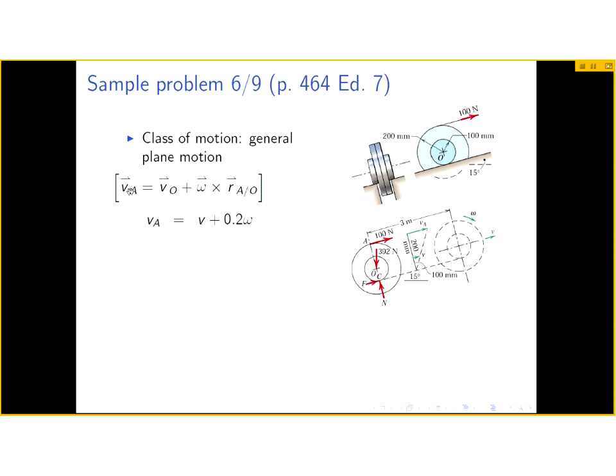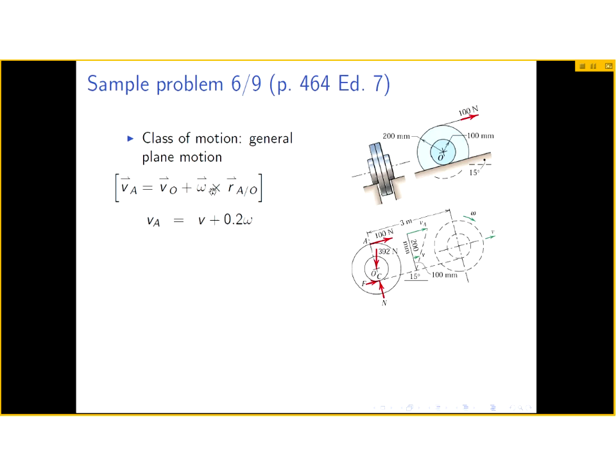And because of that, I can now neglect the vectors and simply write this relative velocity equation as a scalar equation. In other words, the magnitude of the velocity of A is simply the magnitude of the velocity of O, which is indicated as V, right over here and over here. Of course, it's a variable V. It varies as the wheel accelerates up the incline because it starts from rest.